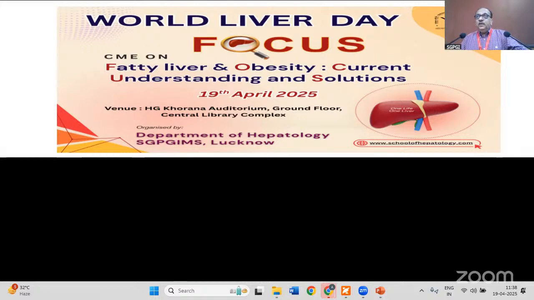And the most important cause for NAFLD or MASLD is the metabolic syndrome. You all know what the metabolic syndrome is: obesity, diabetes, hypertension, and dyslipidemia. In the dyslipidemia, low HDL and raised triglycerides.